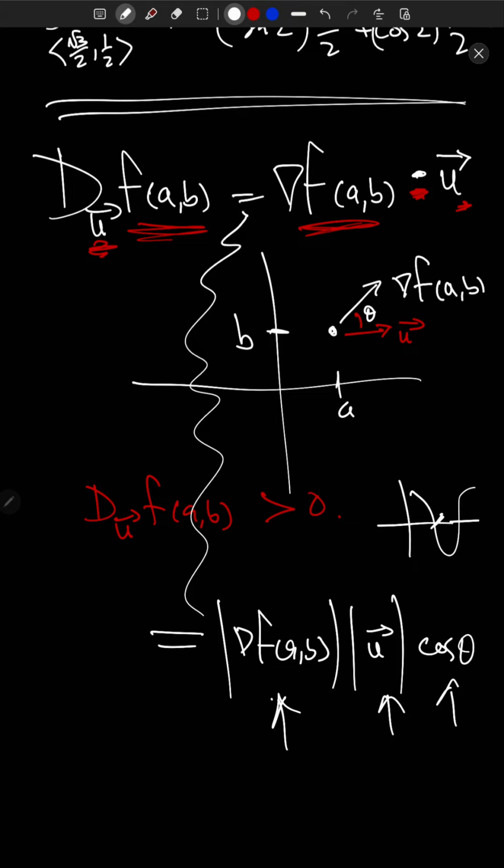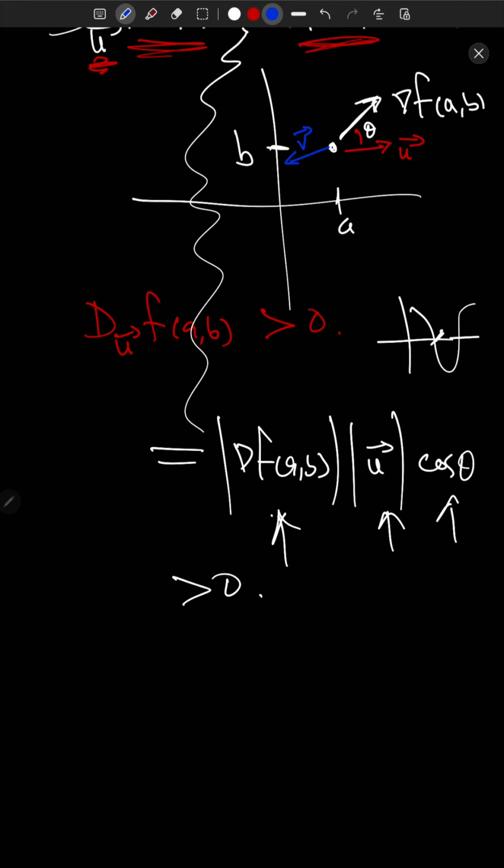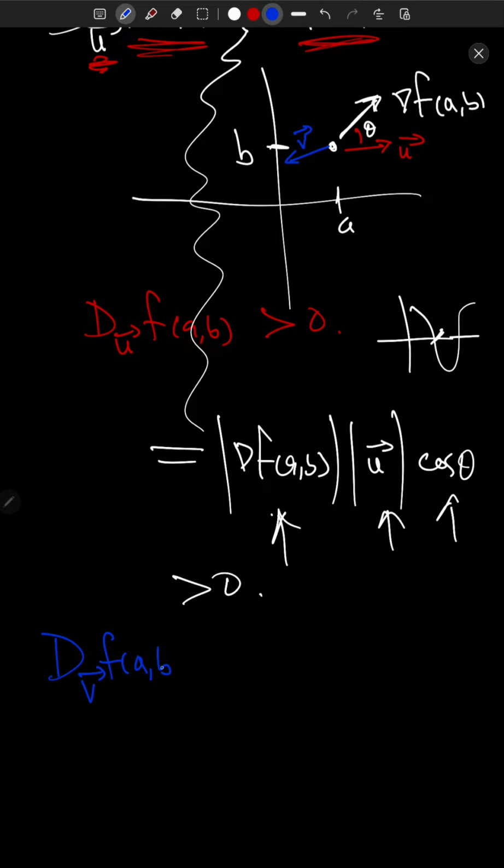Because I've drawn the actual vector, it's not 0 in particular. So this whole thing is positive. Okay, so without any formulas or anything like that, just knowing the direction of the gradient vector, I can tell you the directional derivative in this particular direction is going to be positive. And alternatively, if I were to look in that direction, let's say v, then the directional derivative in the direction v at (a, b), for the exact same reason, I know that's going to be less than 0. Okay.